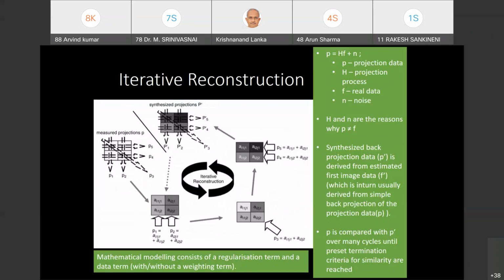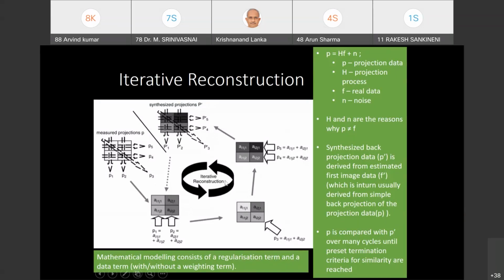Then there is another strategy called iterative reconstruction. Here also you measure the projections and then check again how the image has come. If you are not liking the kind of attenuation here, you try to make a synthesized projection and then do it.